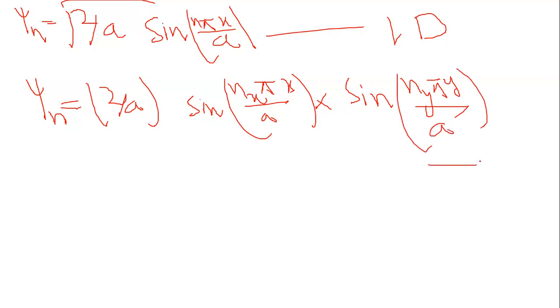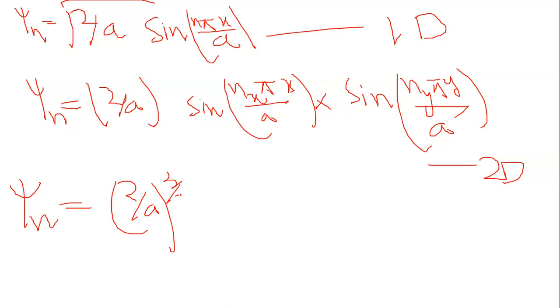Similarly, this is in 2 dimensions. Similarly, in 3 dimensions, psi will be 2 by a to the power 3 by 2, because there will be three 2 by a roots over.